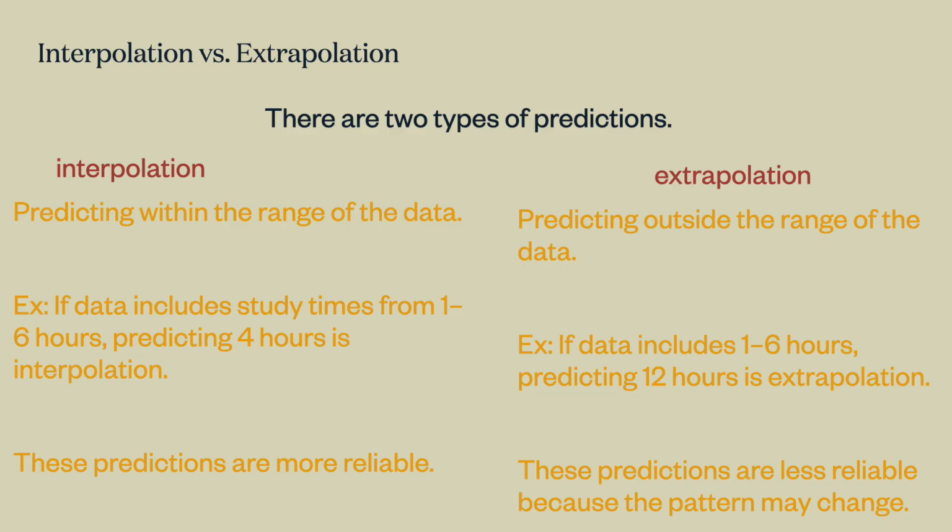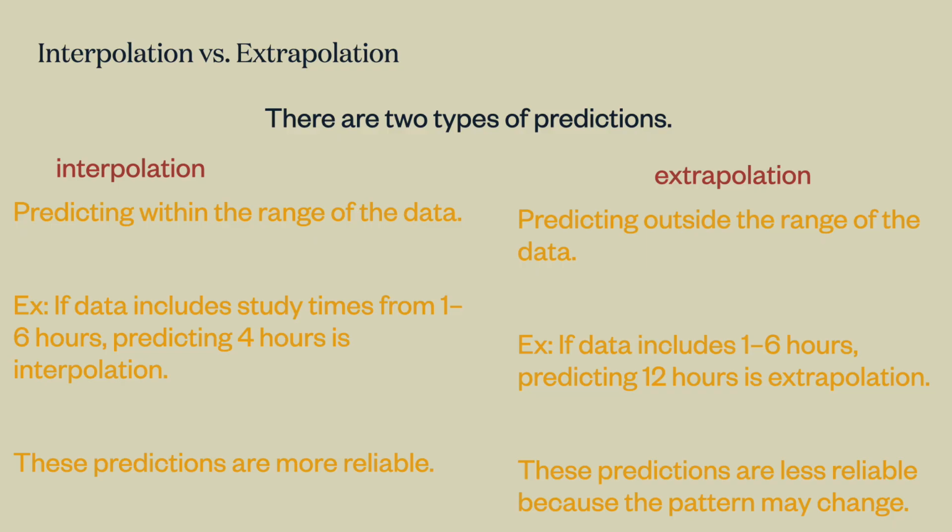That might not be a reliable prediction because I'm asking you to answer a question based on a number that is outside the set of data that I have collected. And the farther away from my data set, meaning the farther away I get from the numbers in my table, the less reliable my data is.